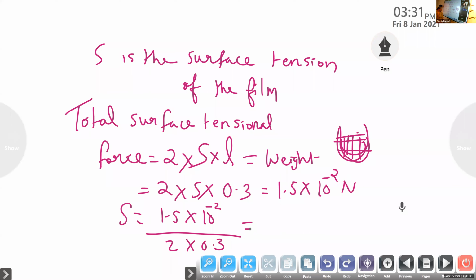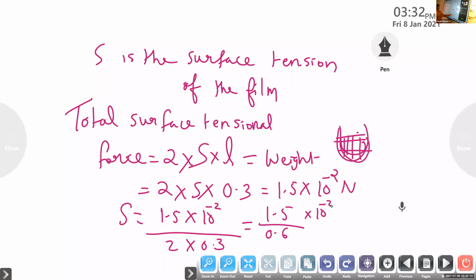So S equals 1.5 into 10 to the power of minus 2 by 2 into 0.3. Find out. Keep 10 to the power of minus 2 like that. Other thing you can do: 1.5 into 10 to the power of minus 2 by 2 into 0.6... If you remove the decimal, it will become easier.